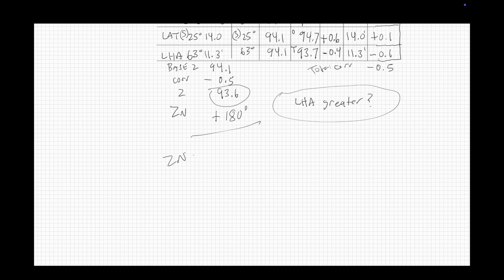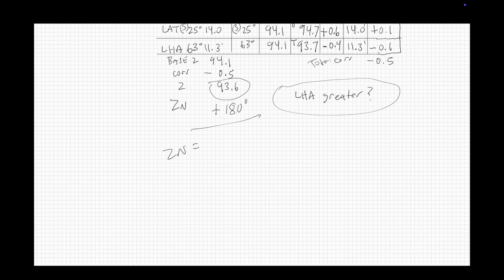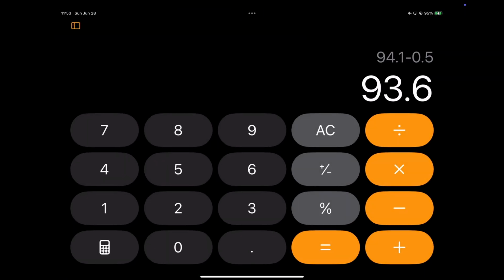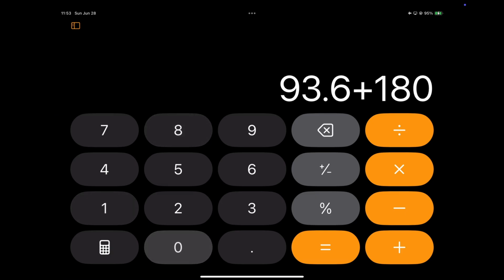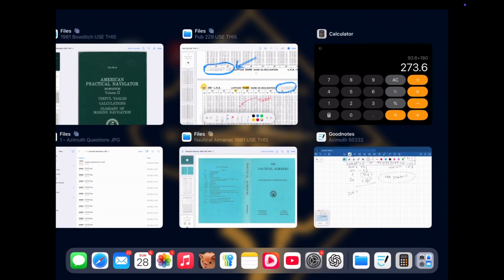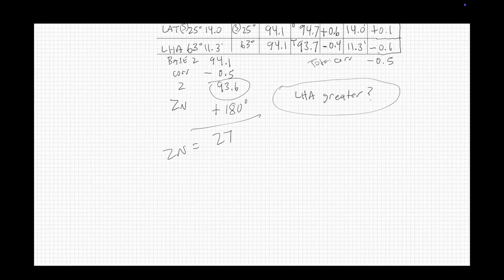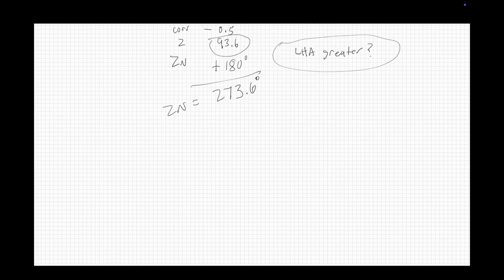So Zn equals 93.6 plus 180, 273.6. 273.6 degrees. That is our true bearing, our true azimuth.